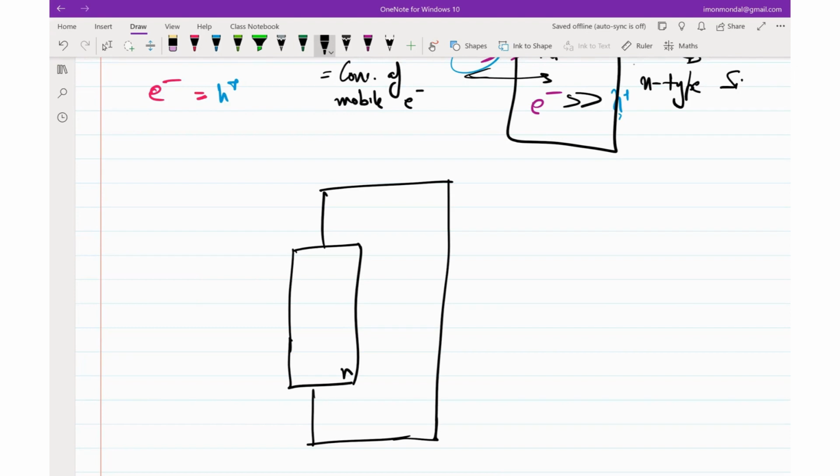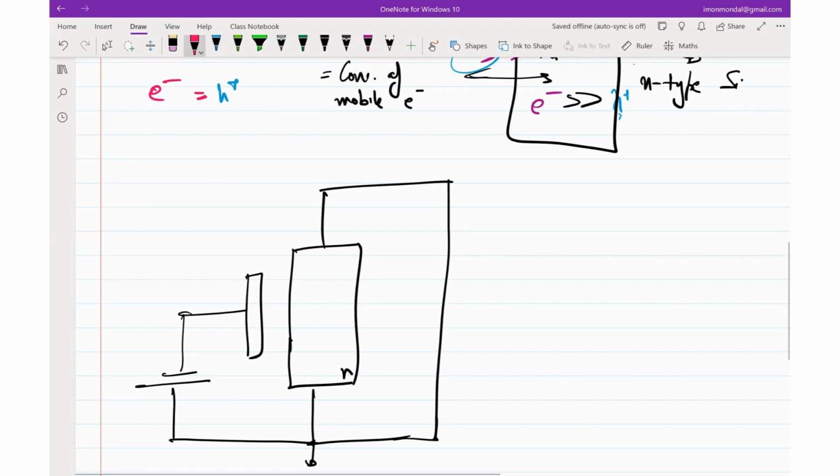Let's say these two are shorted. I put another metal plate close to it, and let's say I give a negative charge to this plate. You will soon understand why I'm giving negative charge or negative voltage in the way I have connected.